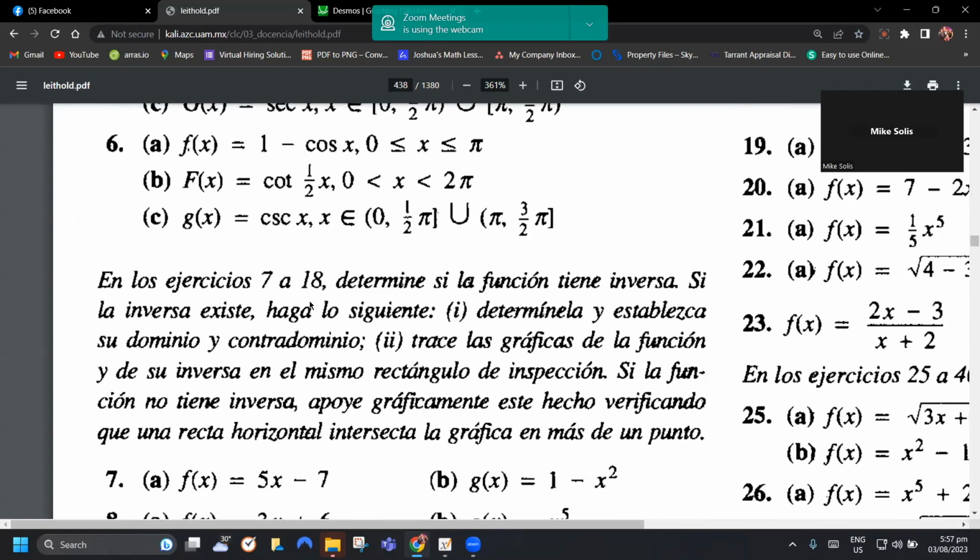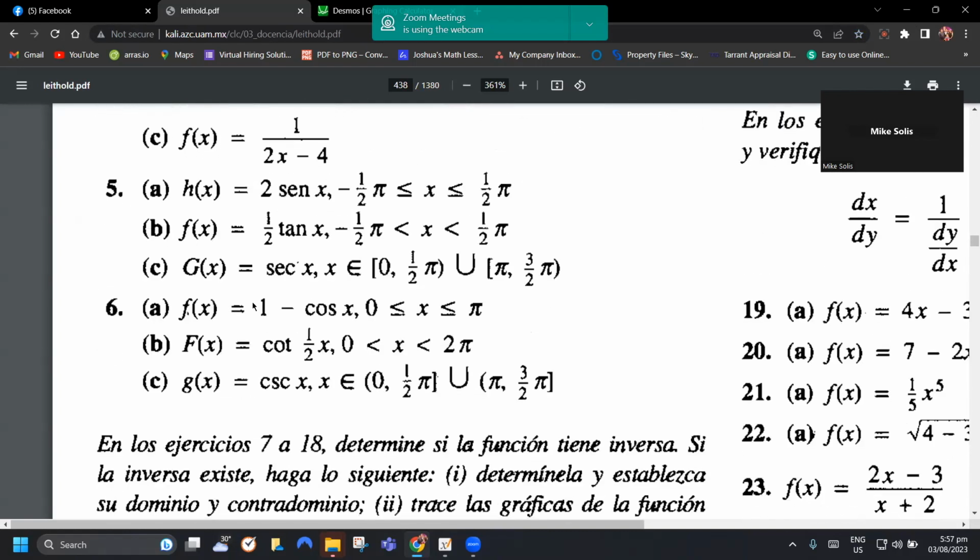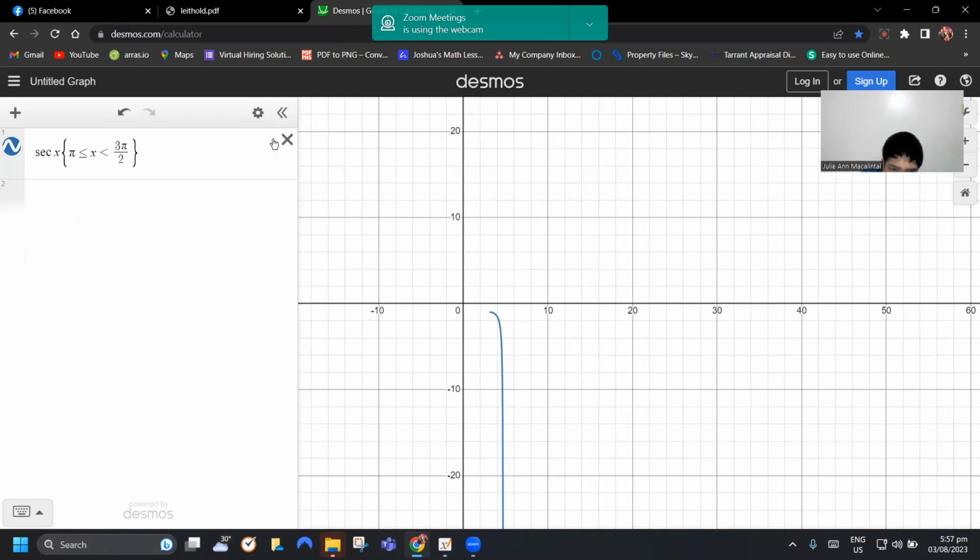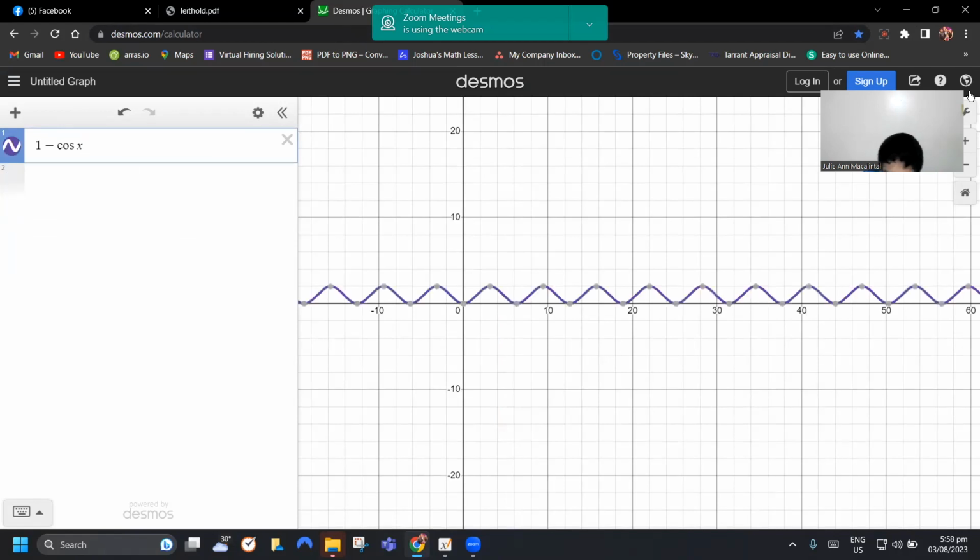So, yung number 6, f of x equals 1 minus cosine x, tapos ang domain 0 to pi.